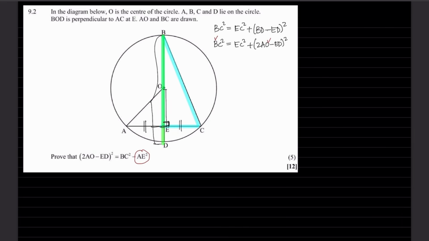So we can replace EC with AE. So our equation is now BC squared is equal to AE squared plus bracket 2AO minus ED all squared. Let's just rearrange this now. So BC squared minus AE squared is equal to bracket 2AO minus ED all squared.